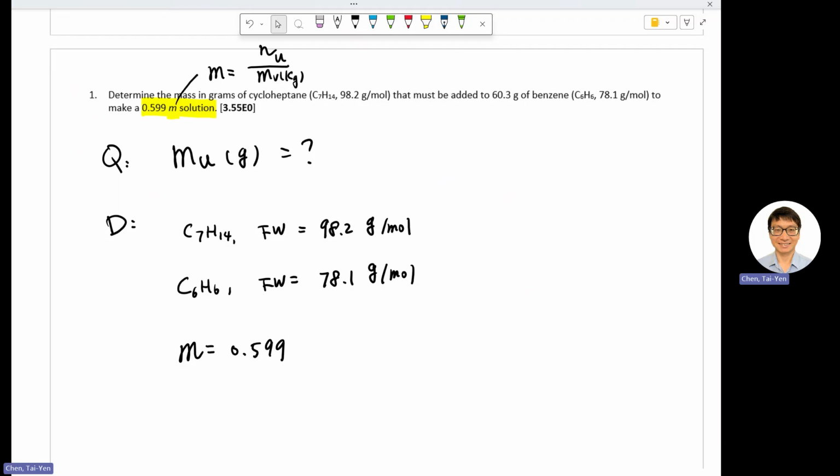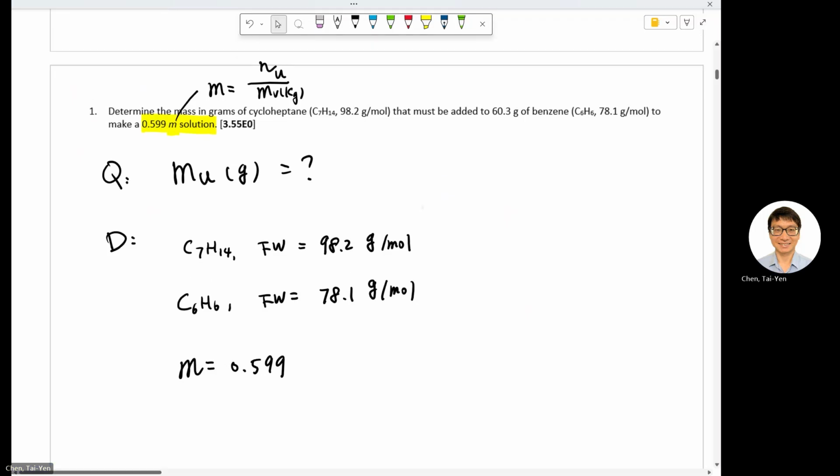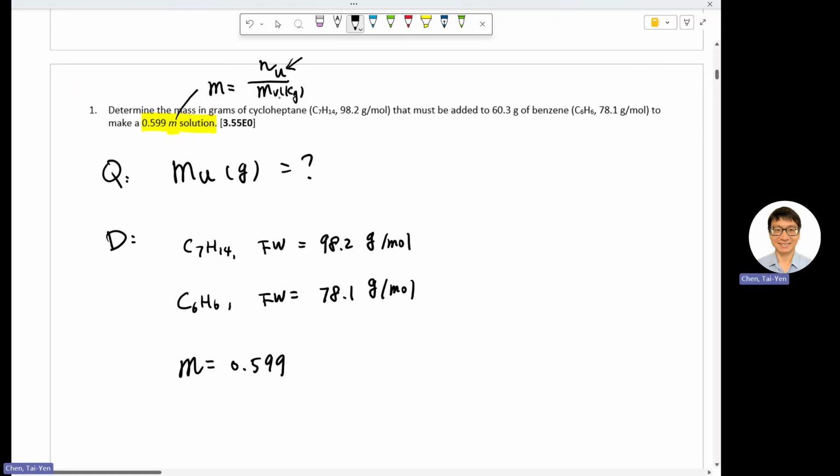Now, in more general terms, you need to know what's your solute and what's your solvent. So what's your solute? Cyclohexane is your solute. This will be your solvent. How do you know?